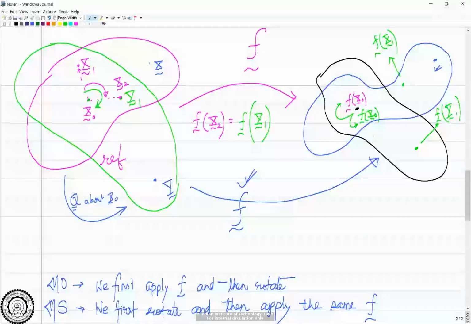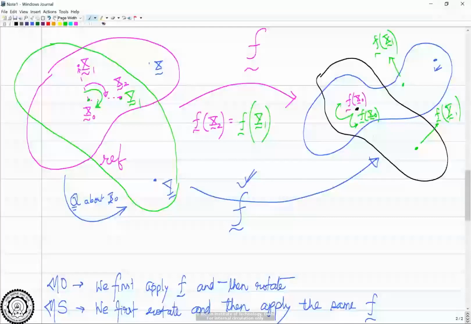Then you come back to the lab, but you didn't know that that person has rotated the body, and you apply now the same deformation as applied earlier, but you are unaware that the body has actually rotated. So obviously, because of this rotation which you are unaware of, the final configuration of the body will not be the same as in the first process.